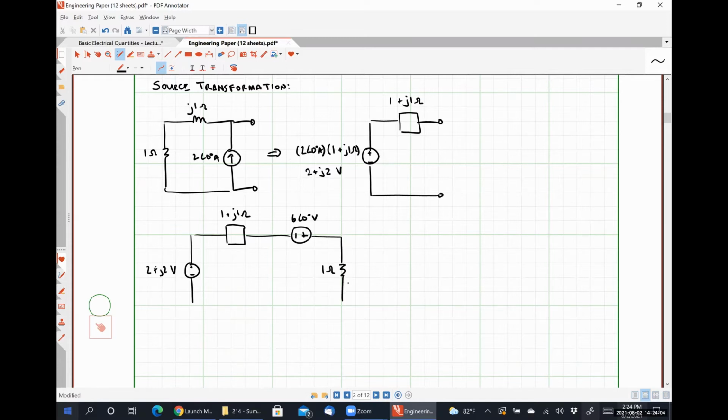Here I have my 1 ohm resistor through which I'm trying to find that current I naught. Another 1 ohm resistor, and then a minus J1 ohm capacitor.